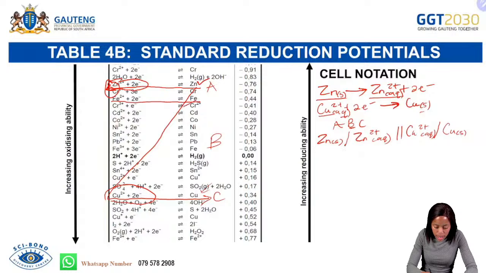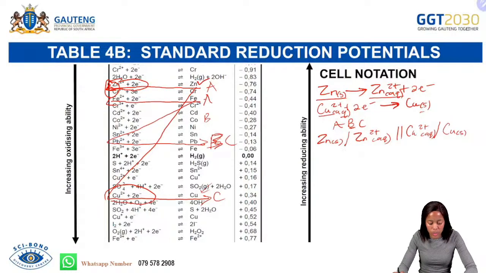Now, we can also use iron and lead. If we use that, we are saying it's as easy as SABC, whereby the iron will represent the anode and the lead will represent the cathode. The anode we are going to write from the right to the left.